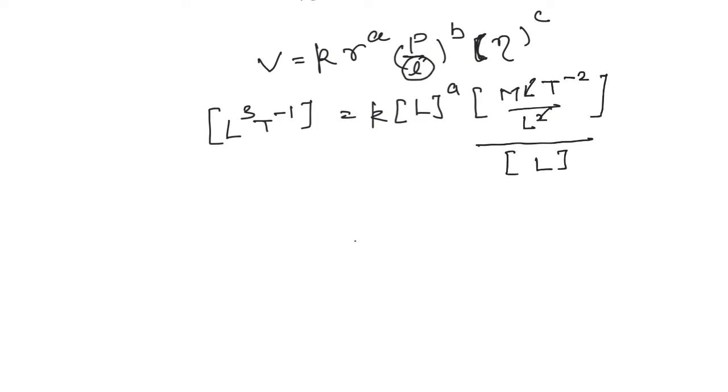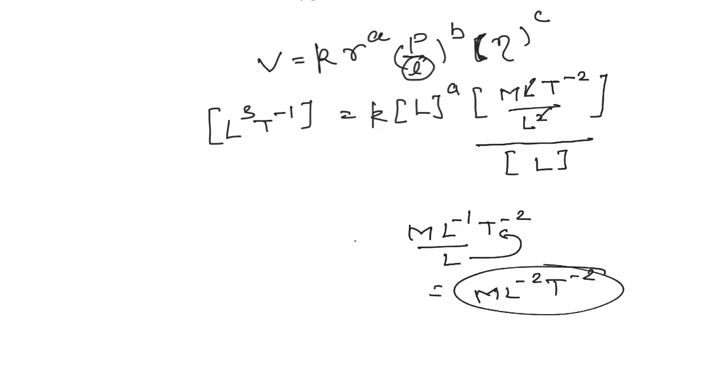You will cancel out these two, so you get M L minus 1 T minus 2 upon L, this L will come up, M L minus 2 T minus 2. So this is P upon L, that is pressure gradient. Okay class? So remember this pressure gradient.